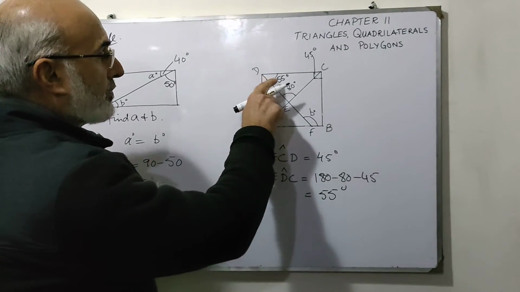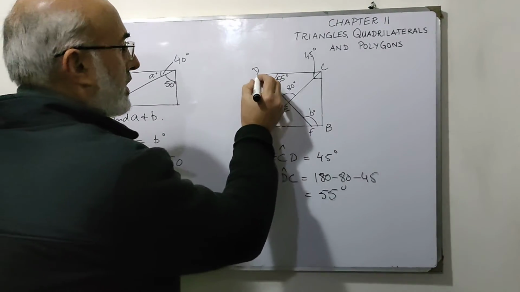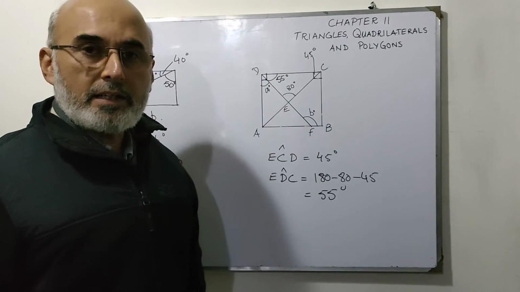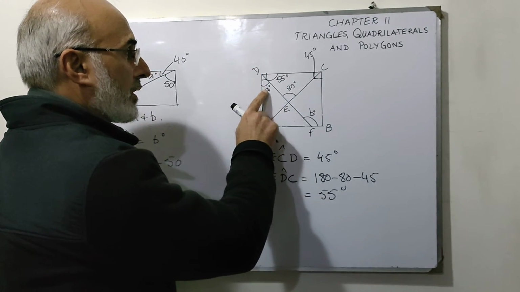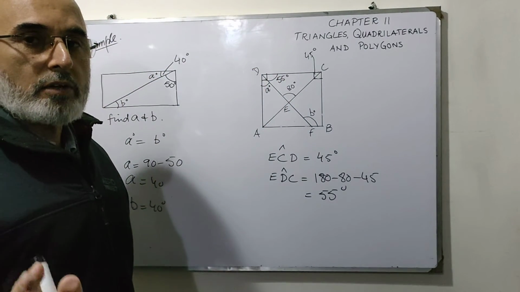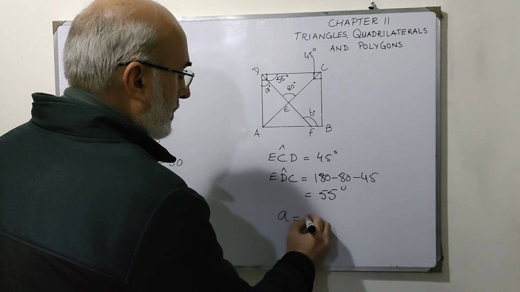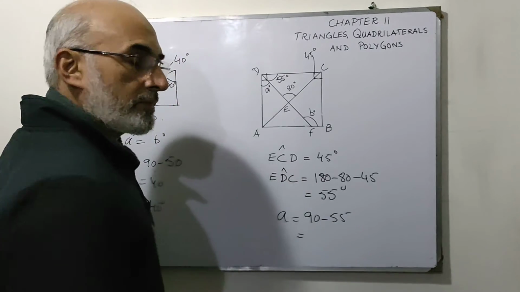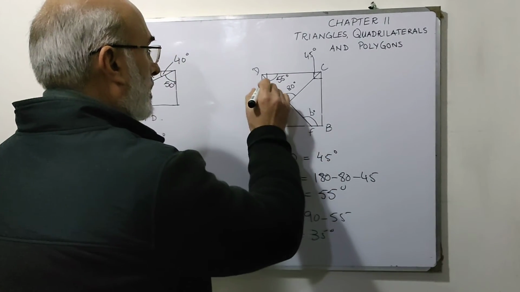And if this is 55 degree, now we are in a position that we know that this corner is of 90 degree. Now if this angle is of 55 degree, now we are in a position to calculate the value of A. So A is equal to 90 minus 55, which is 35 degrees. So this is 35.